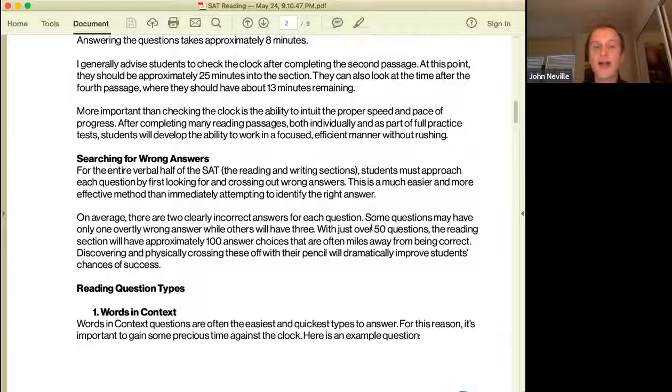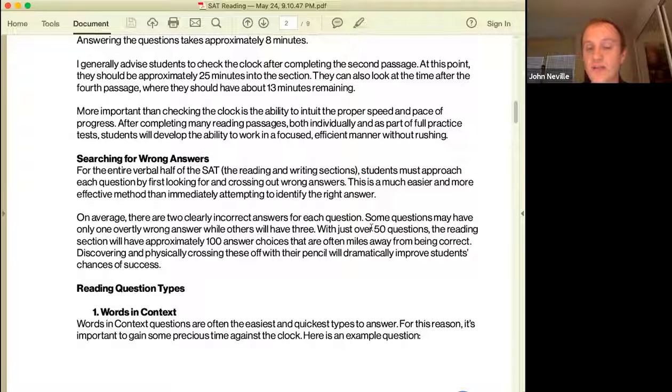So if you have on average 2 pretty clearly wrong answers, that means that you're going to have 100 clearly incorrect answer choices on the entire SAT reading section. Another very common mistake that I see students make is they kind of root for all the answers, or they kind of give answers the benefit of the doubt.